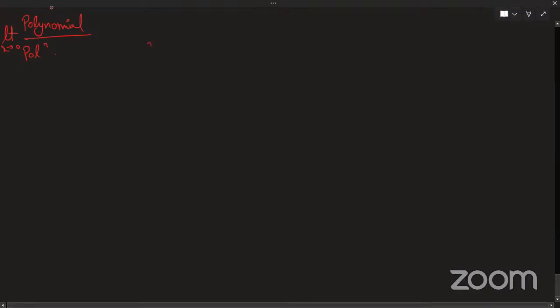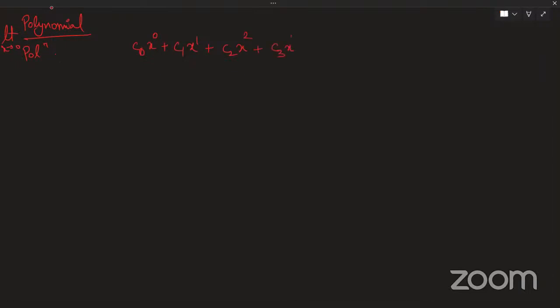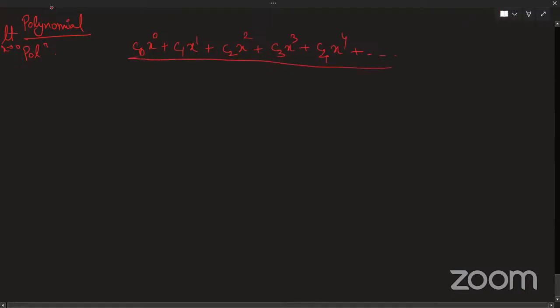So you have c0 x raised to 0 plus c1 x raised to 1 plus c2 x squared plus c3 x cube plus c4 x raised to 4 and so on, whole divided by x raised to, let us say, 4 power.